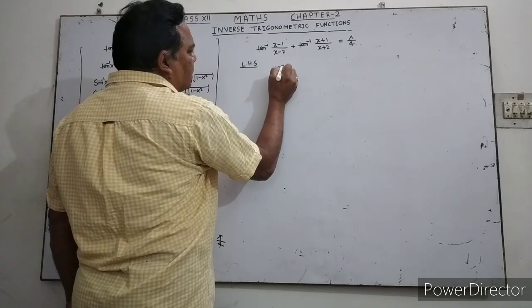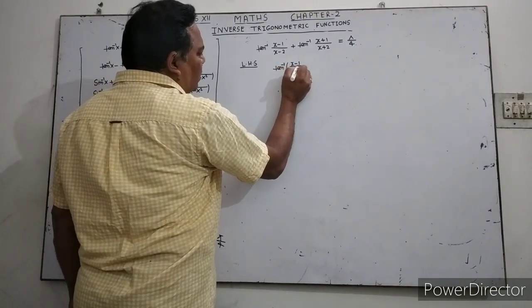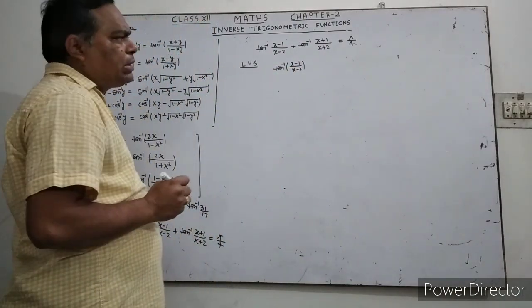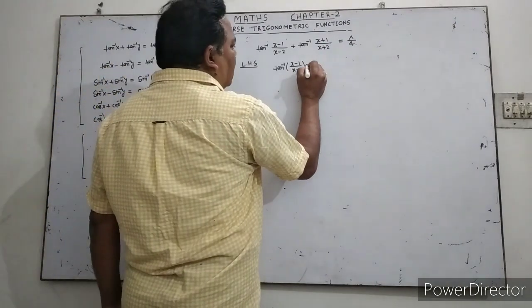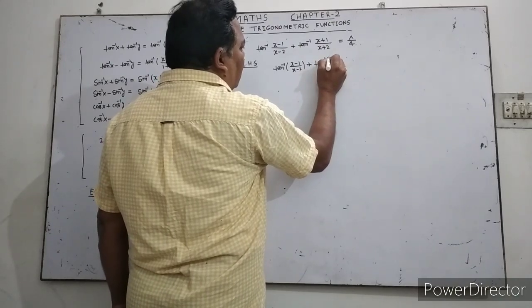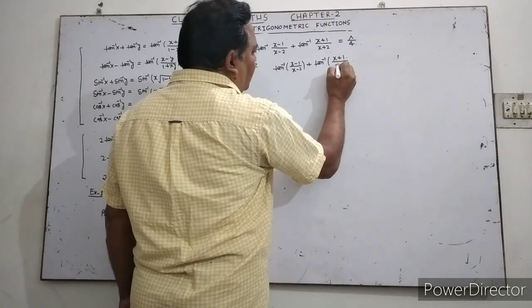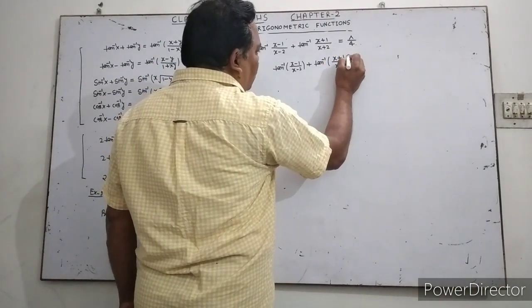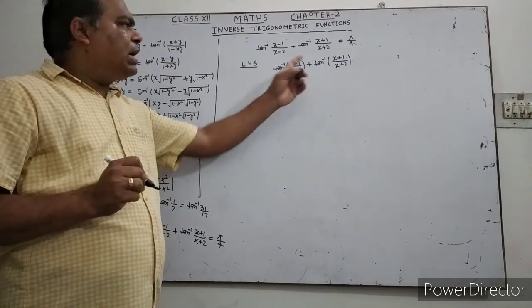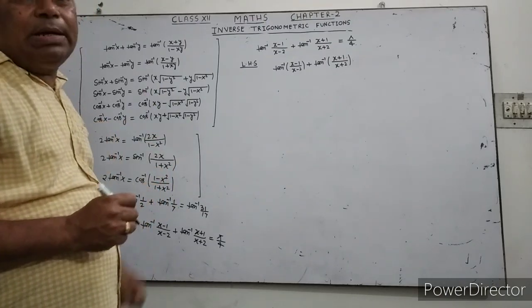Tan inverse of x minus 1 upon x minus 2, plus tan inverse of x plus 1 upon x plus 2. Now what is the formula for tan inverse x plus tan inverse y? Tan inverse of x plus y upon 1 minus xy.